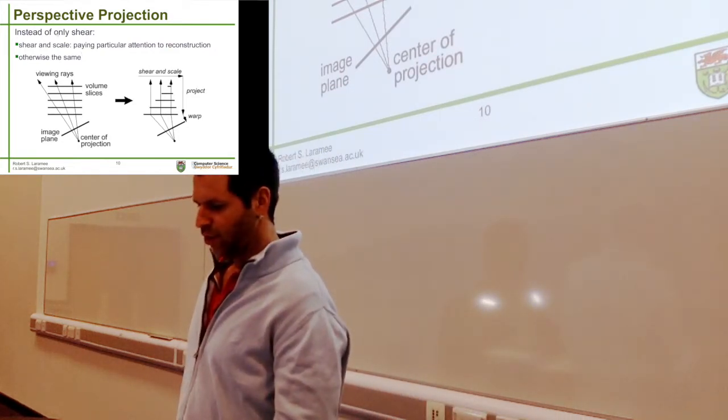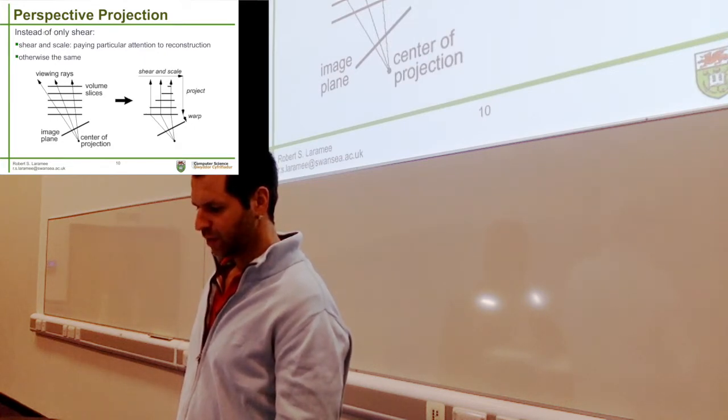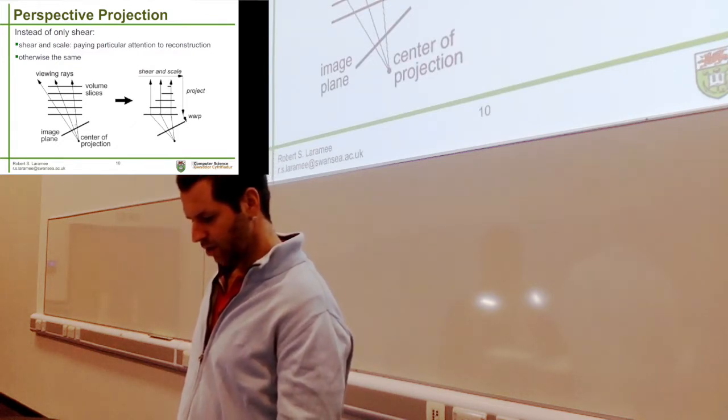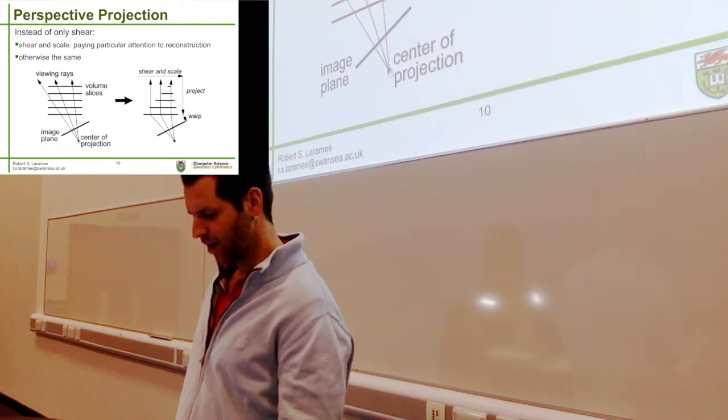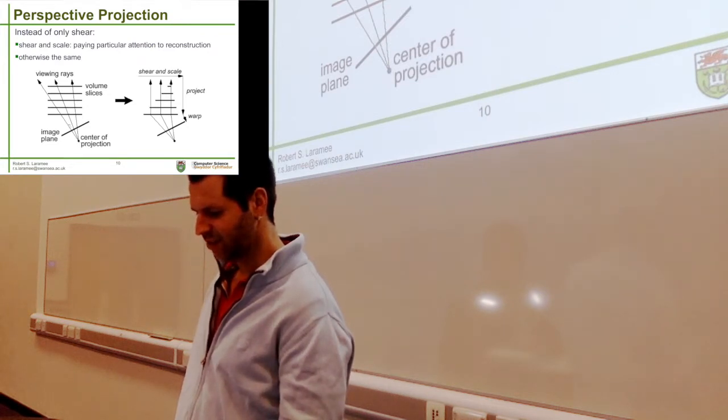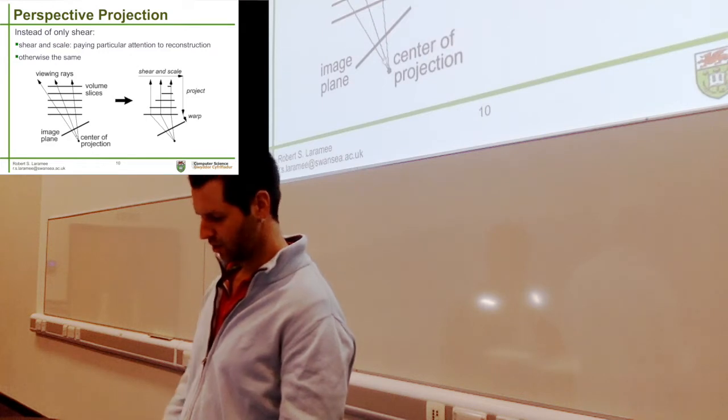To incorporate a perspective projection, we incorporate a shear and scale into the shear phase. Here, that's our eye, so to speak, one of our eyes. And we cast rays from our eyes, but they're no longer parallel.